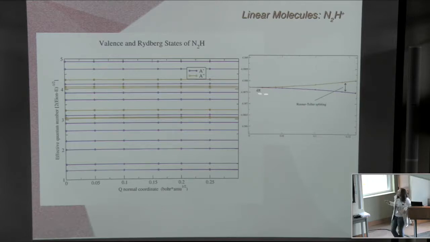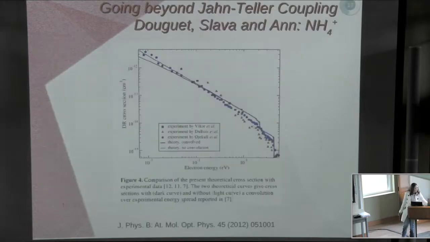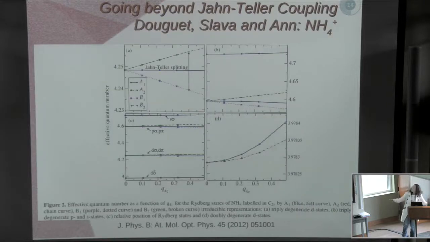So here I want to zoom in on this line here, and I want to point out that the Renner-Teller splitting is a quadratic effect in the normal mode coordinate, while the Jahn-Teller was a linear one. I want to mention this, just to show you.